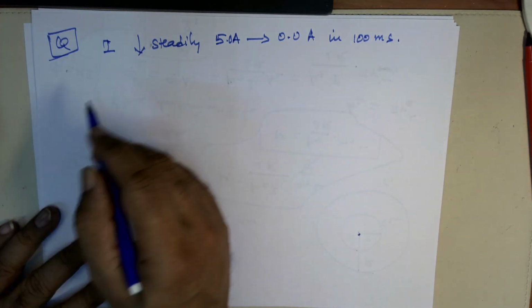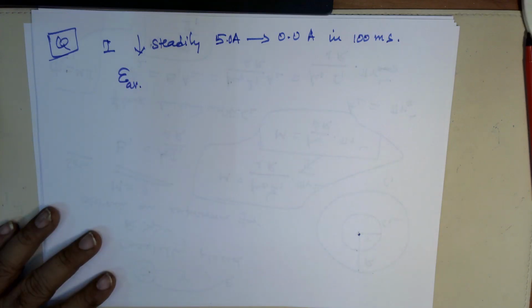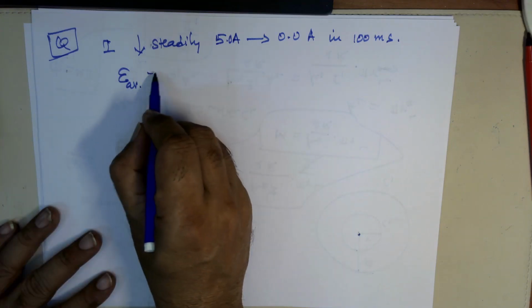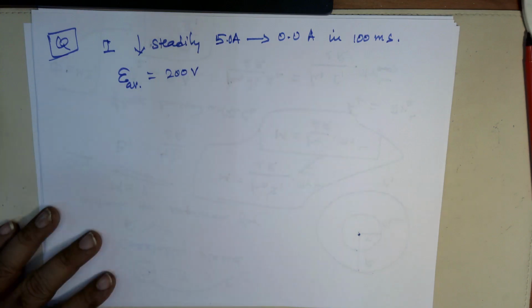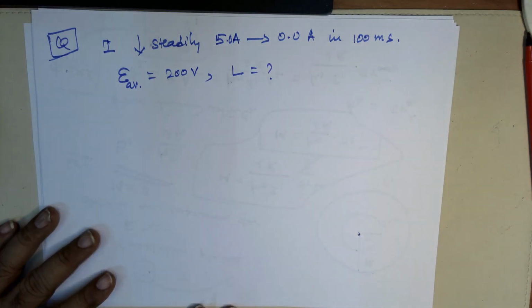If an average EMF of 200 volt is induced, calculate the self-inductance of the circuit.